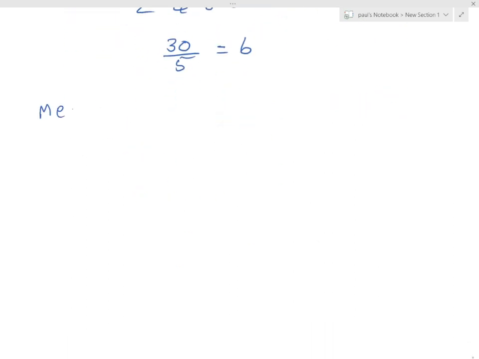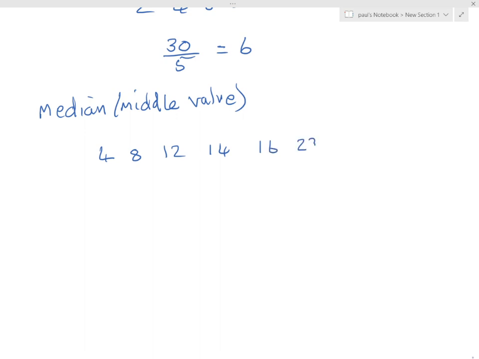The median. The median is the middle value. So let's go for 4, 8, 12, 14, 16, 23 and 41. We need to find the middle. Once again, you need to put these in ascending order, and find the middle. It may be easy to see that the middle number is 14, but let's do it this way: n plus 1 divided by 2.